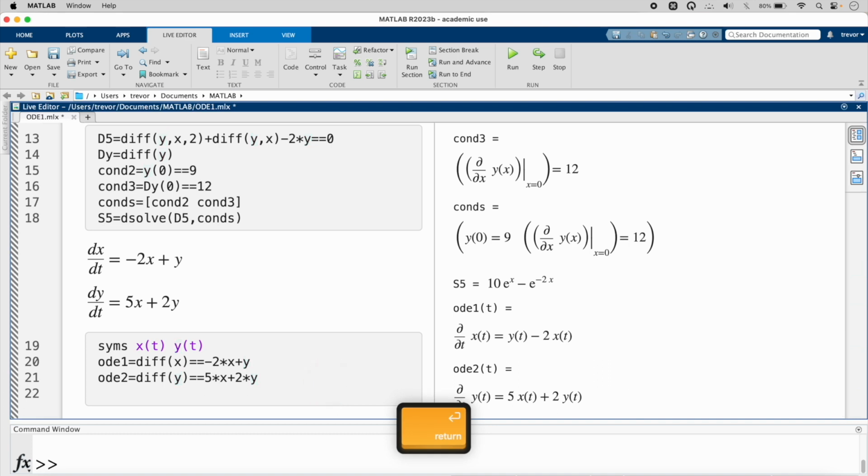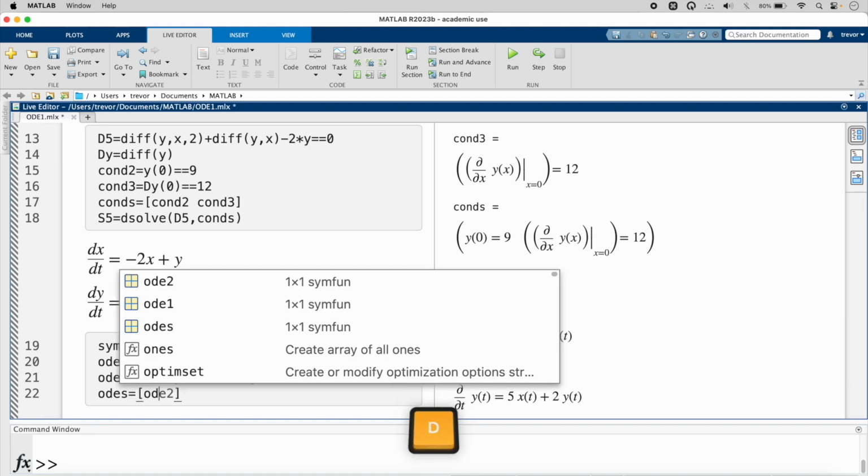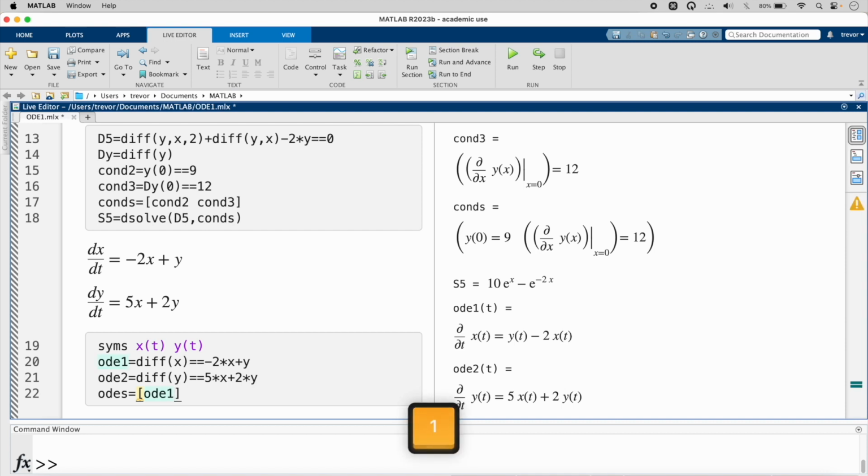I'll go on to the next step, which is now to combine those ODEs to have one system. So I'll write them as ODEs is equal to open square brackets ODE 1 semicolon, then ODE 2. So we have now written them as a system there.